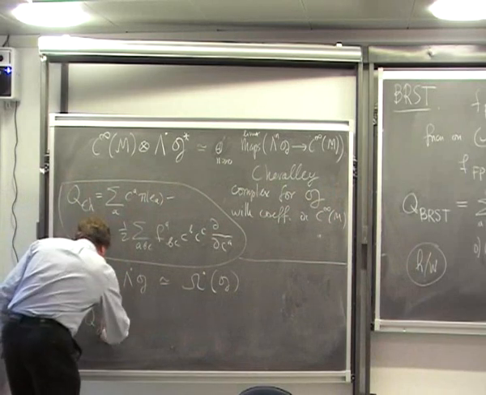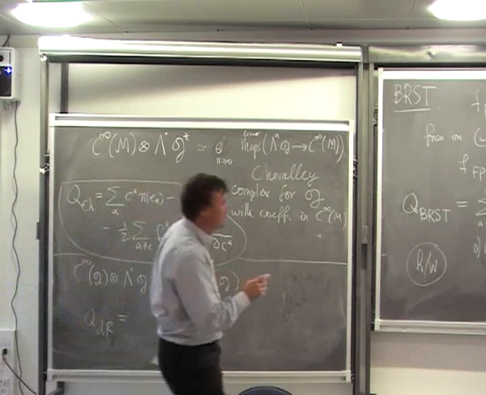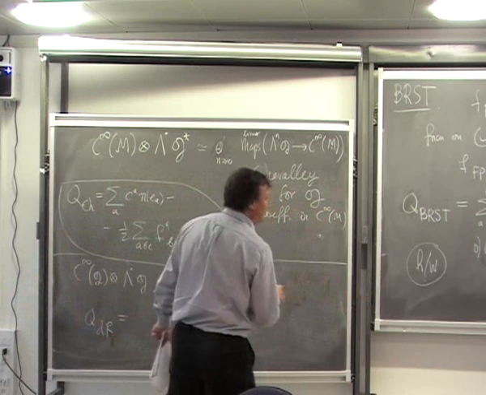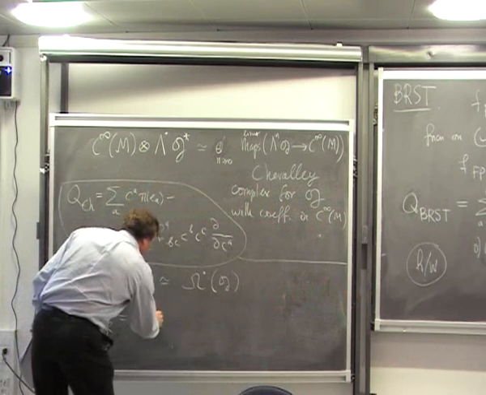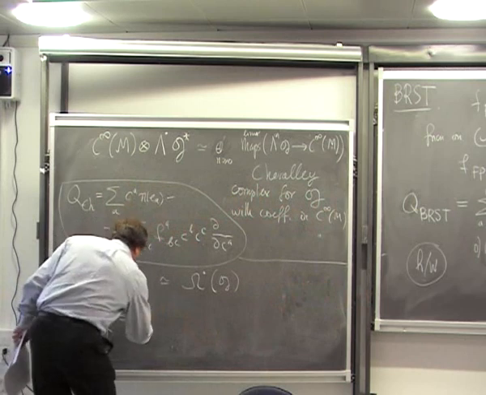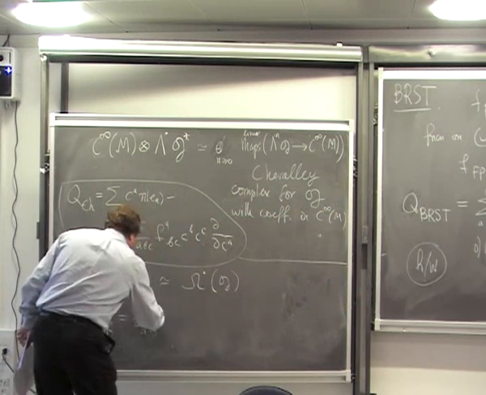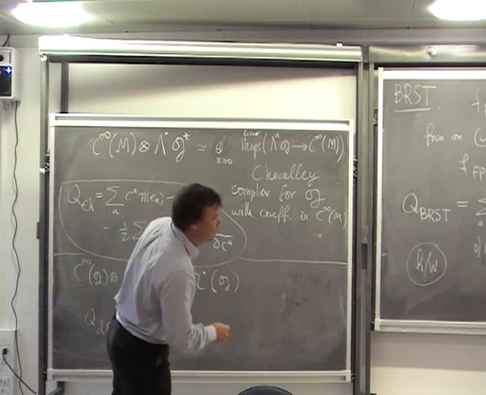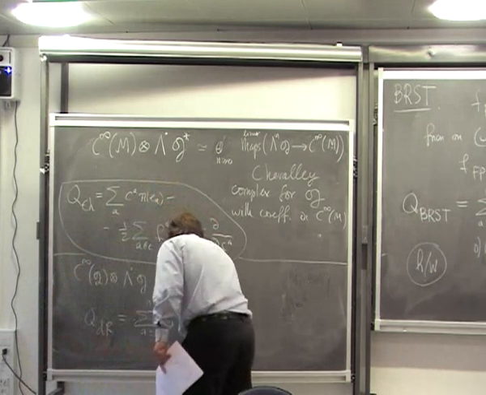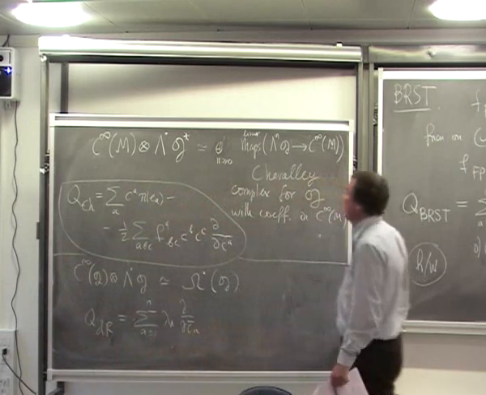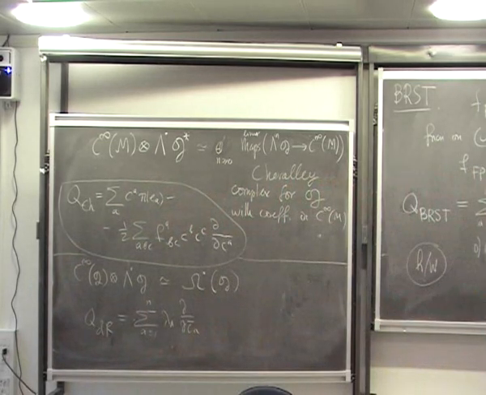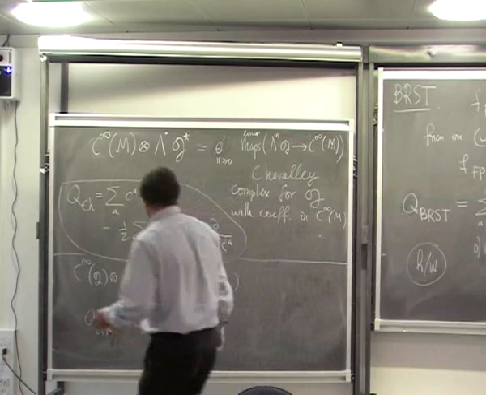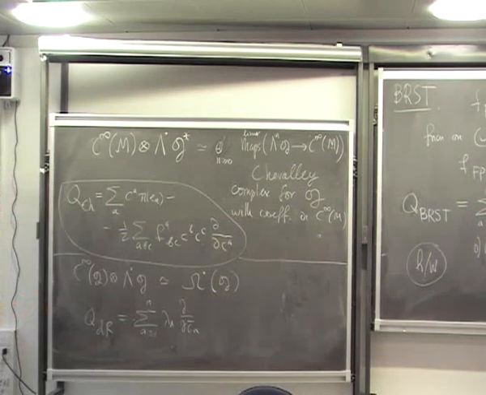Let me write the de Rham differential first, and then we'll see whether it's right or wrong. So the differential is just the sum over A of lambda_A d/dc-bar_A. But let's not dwell on it.